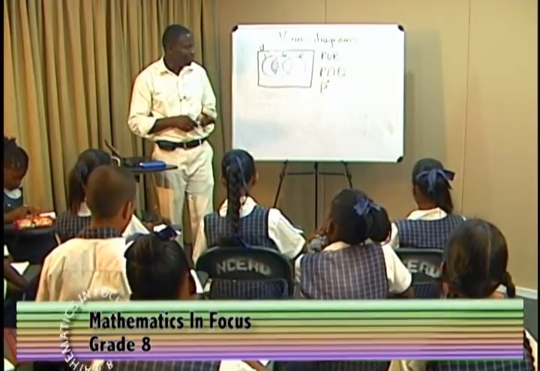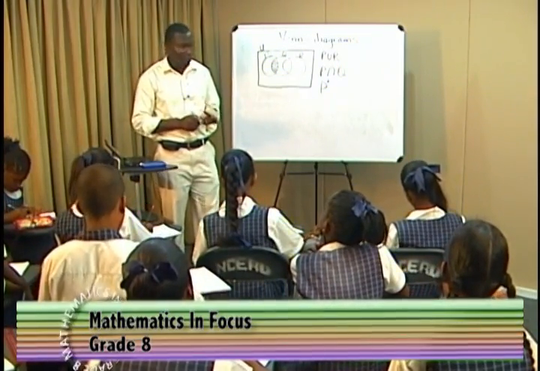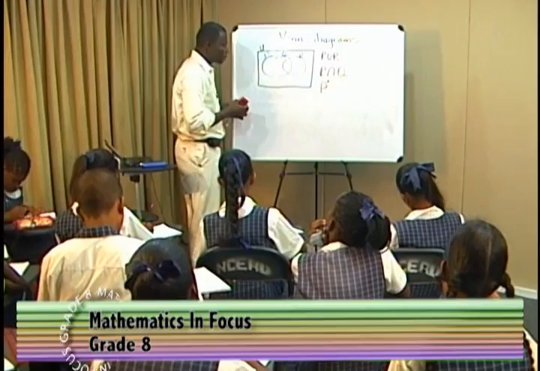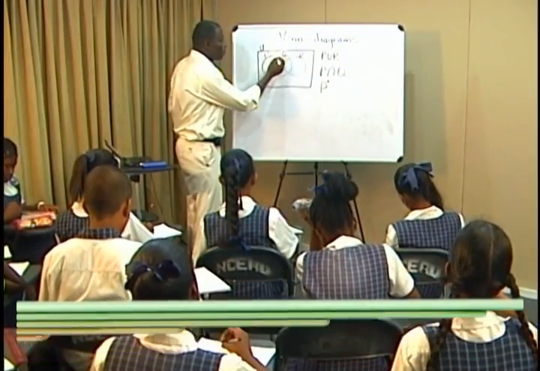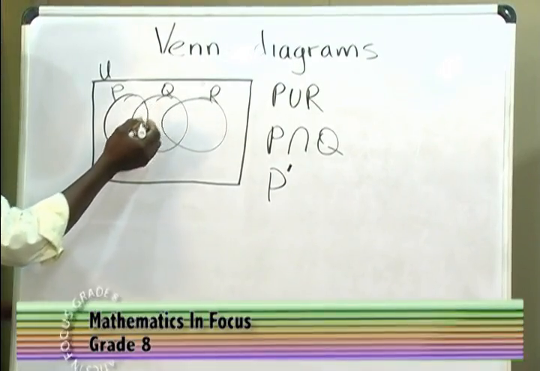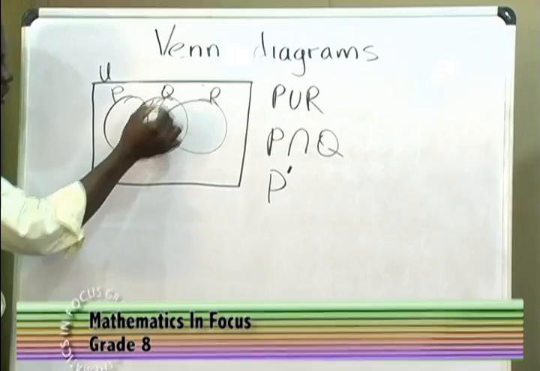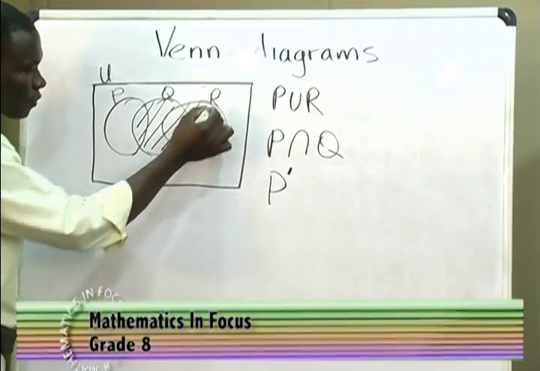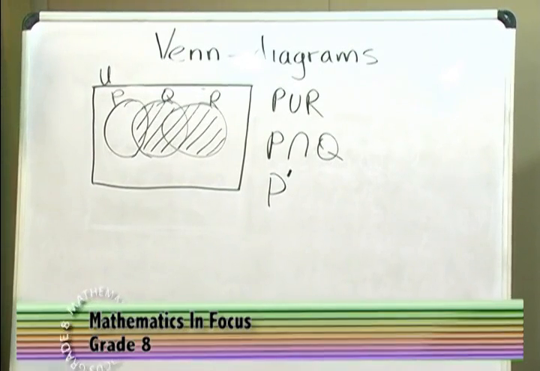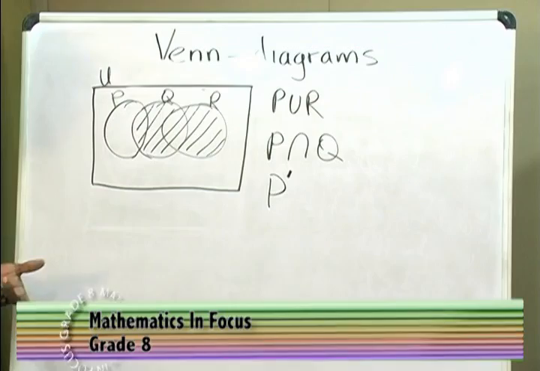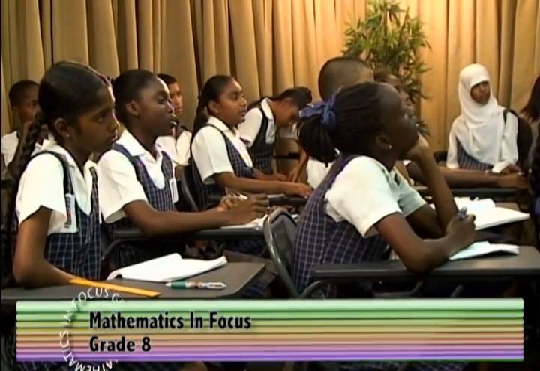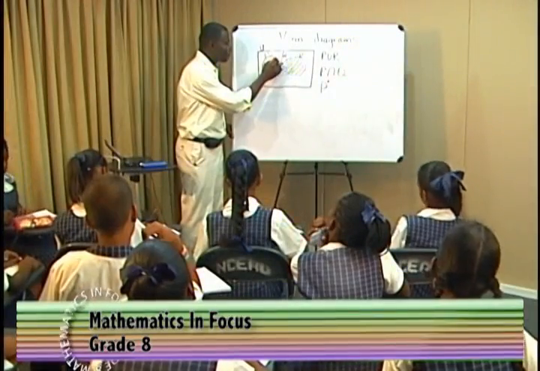Not inside of P. So P complement will be the things that are not inside of P. So where do we shade? Q and R. Someone is saying to shade Q and R. Just tell me if I shade correct here. No, sir. But you said Q and R only. Oh, so which portion should I take out? The intersection. With which two sets? With P and Q. Okay, good.